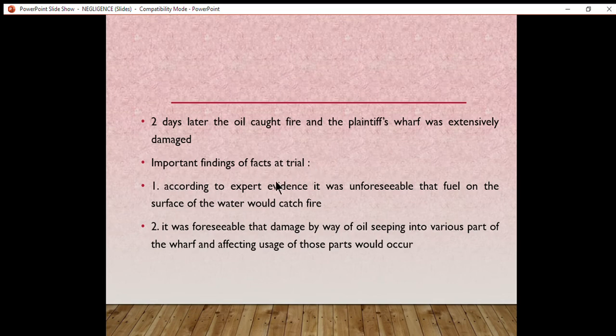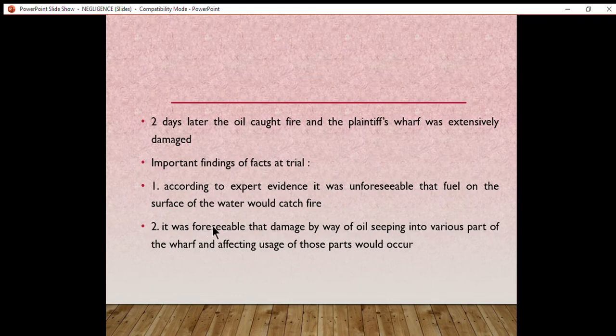First, according to the experts' evidence, it was unforeseeable that fuel on the surface of the water would catch fire. Second, it was foreseeable that damage by way of oil seeping into various parts of the wharf and affecting usage of those parts would occur.